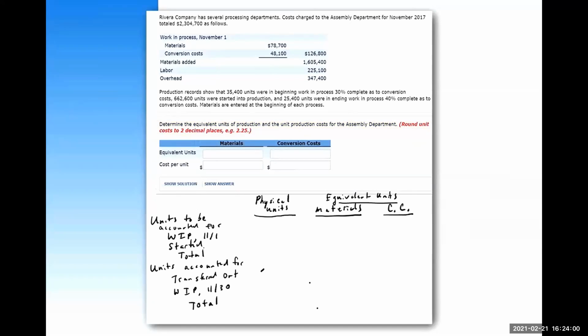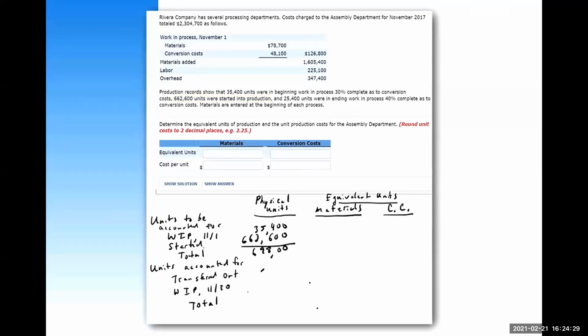To begin, we know that the work in process on November 1st was 35,400 units, and that the units started during November were 662,600 units for a total of 698,000 units.